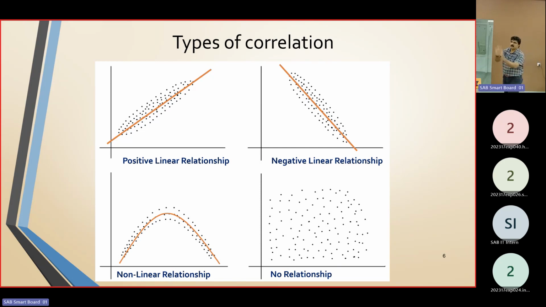Right? So those are the four possibilities. Positive linear relationship, negative linear relationship, non-linear relationship, no relationship.